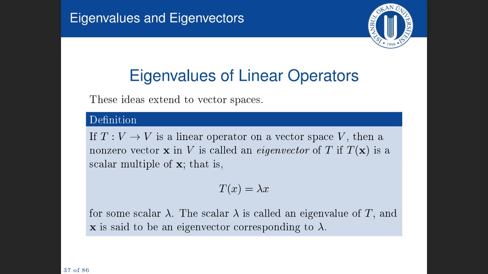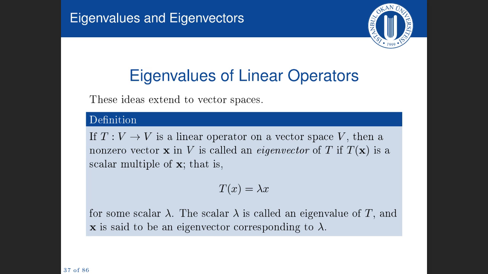Let's extend these ideas to vector spaces. Let's suppose that T is a linear operator on a vector space V. Then a non-zero vector x in V is called an eigenvector of T if Tx is a scalar multiple of x.